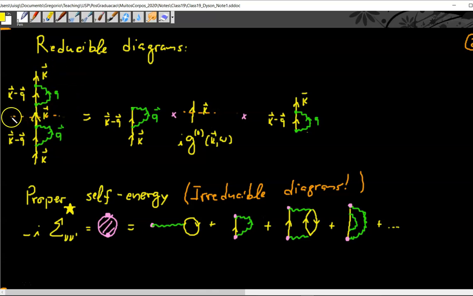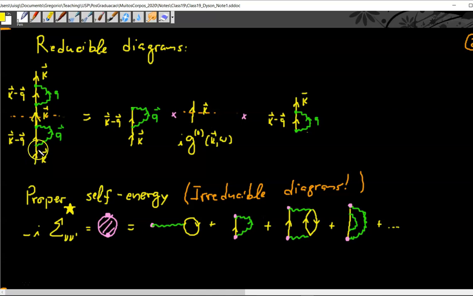Well, as I said, this diagram you can think of as a product of 3 diagrams, right? If I cut right here, by definition this is a reducible diagram because it can cut a free propagating line. So that means that somehow I can separate this in 3, and notice that I'm putting the momentum here, right?